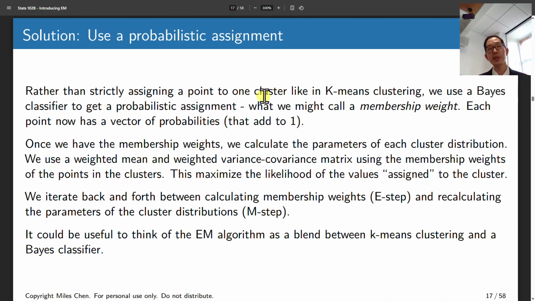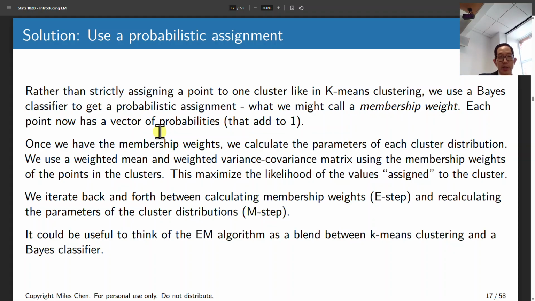Rather than strictly assigning a point to one cluster, we will use a Bayes classifier to get a probabilistic assignment. And when we do that, we call that a membership weight. Okay, so each point is now going to have a vector of membership weights, probabilities that sum to 1. Point number 1 is this probability cluster 1, this probability cluster 2, this probability cluster 3.